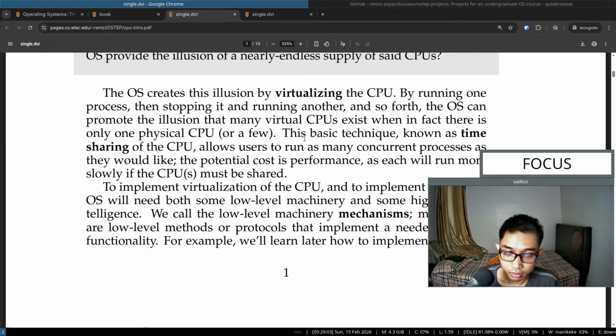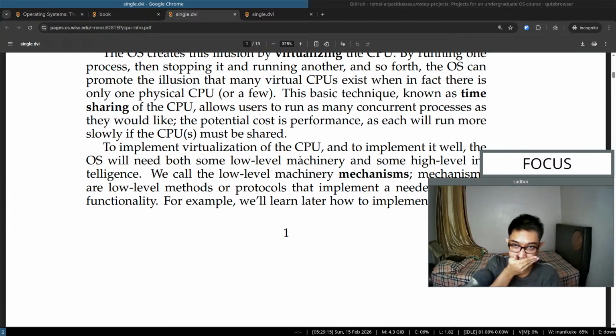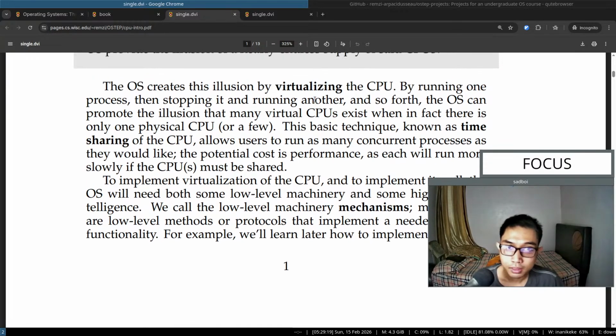Time sharing of the CPU. How to explain this time sharing?